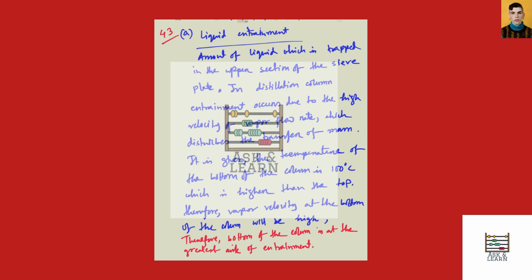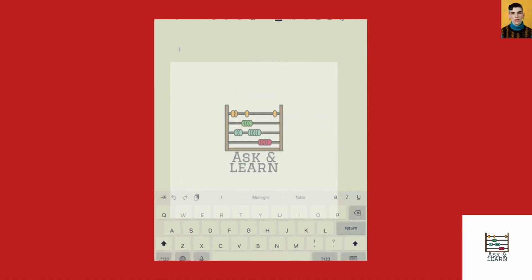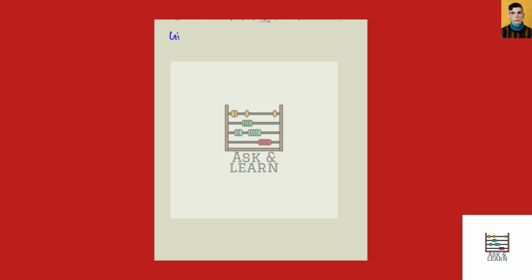Next, we need to calculate the minimum column diameter. Let's do that. It is given that the vapor flow rate is 25 pound mole per minute.